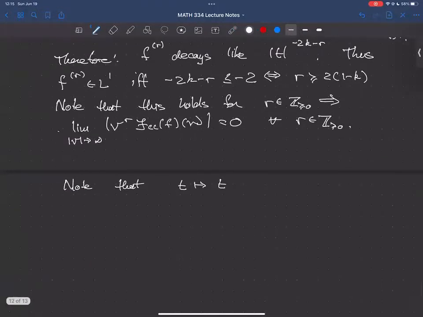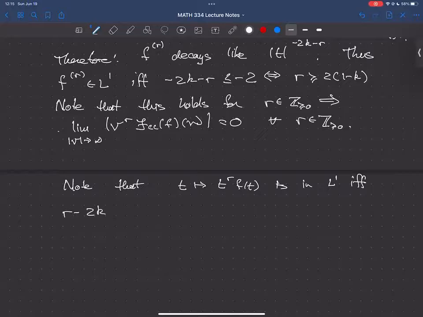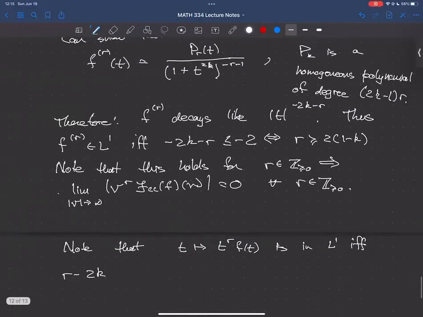So t maps to t to the r, f of t is in L1 if and only if, okay, I need to have that r minus 2k. Okay, so where does r minus 2k come from?